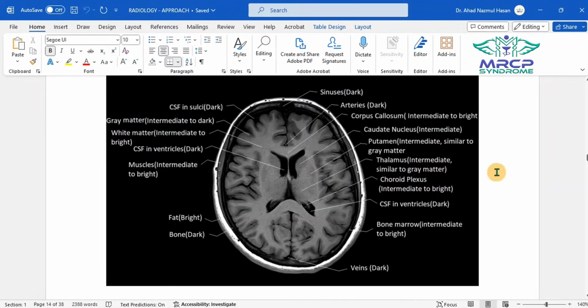What should be the color of the caudate nucleus in T1? It can be considered as isointense. And in case of T2? More hypointense, yes, it would be more hypointense.